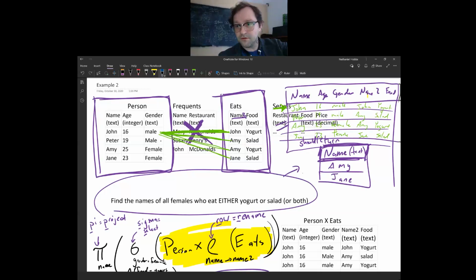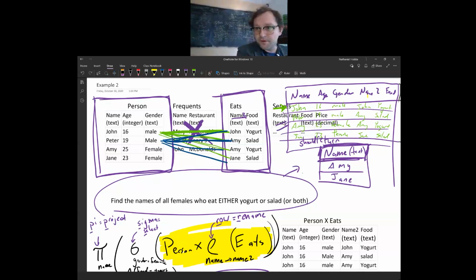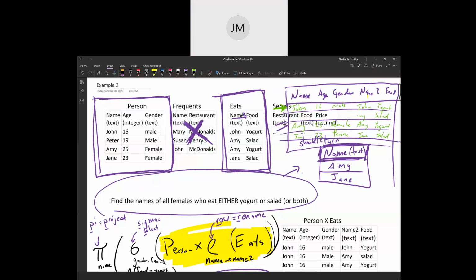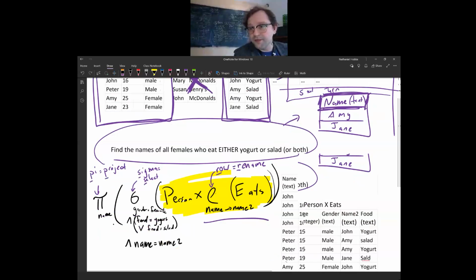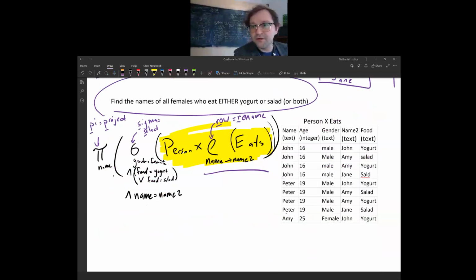Peter doesn't just get paired with the second row, it also gets paired with these others. Okay? So you're going to have 16 rows then? That's right. Yep, exactly. Okay. So down here is, oh, I didn't finish that. Let's go ahead and finish it. We'll do the whole thing here.